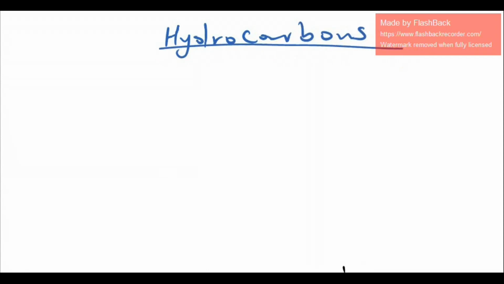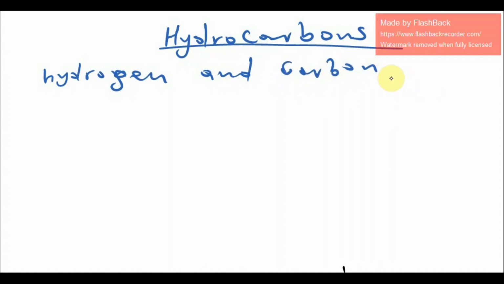Let's talk about now the hydrocarbons. Hydrocarbons are organic molecules, right? They contain hydrogen and carbon only.